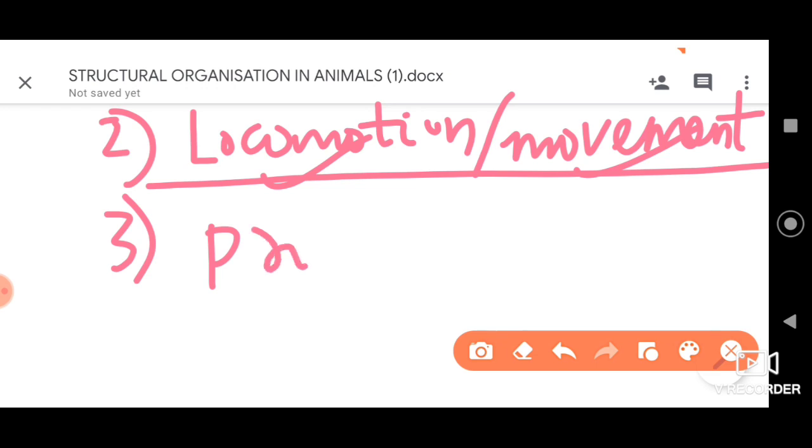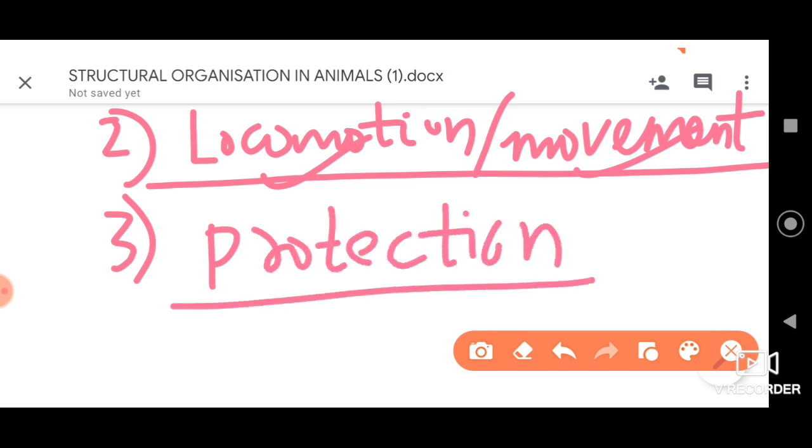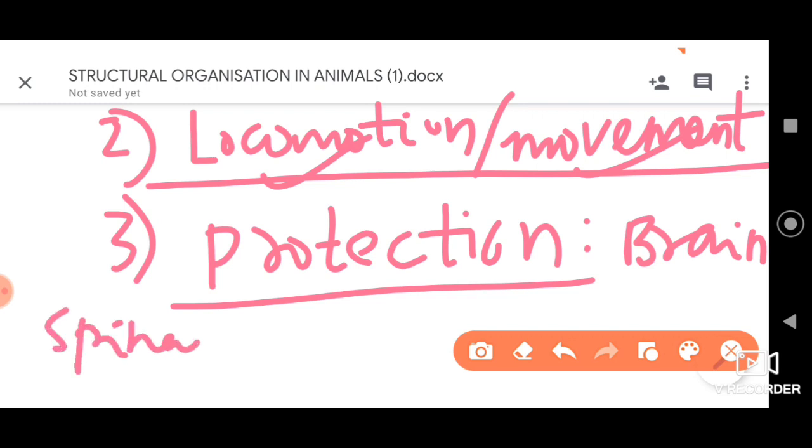Thirdly, it helps in protection. In what way does it help in protection? It protects many internal organs. For example, it protects the brain, because the skull is made up of bone tissue, as well as the spinal cord, where we have the vertebral bones.